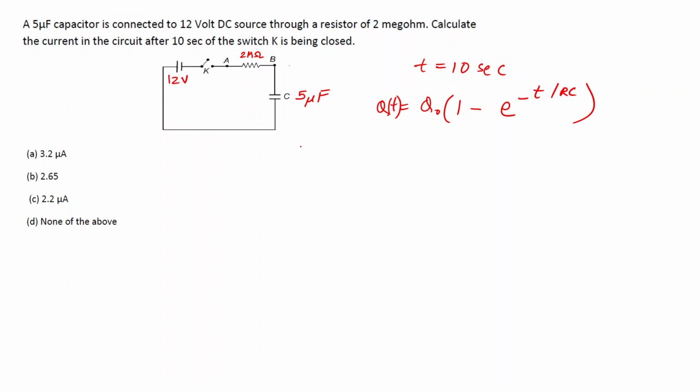Since current is dq by dt, the current will become q naught by RC e to the power minus t over RC. So clearly we can see it will be exponentially decaying.